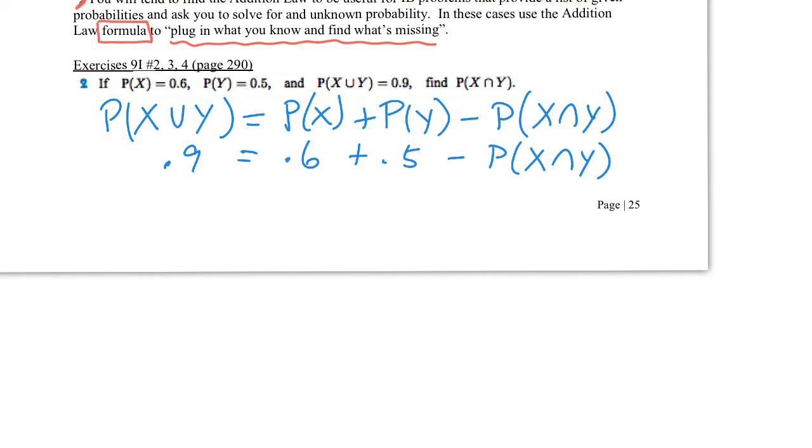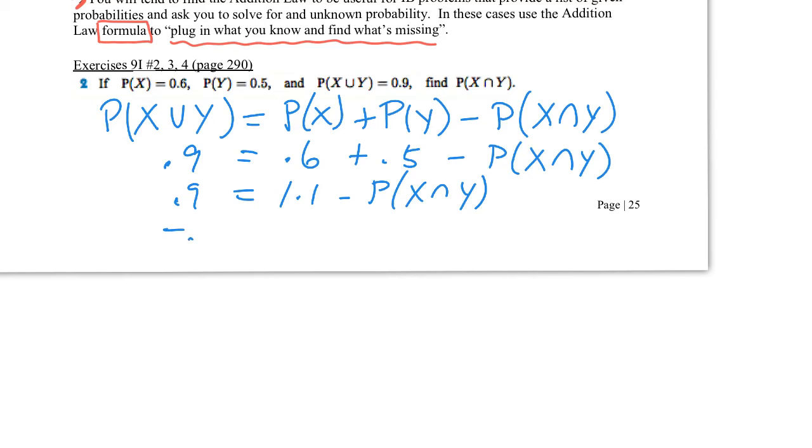I'll get negative 0.1 equals 1.1 minus P of x intersect y, and therefore I get, what am I doing? Sorry, back up. So 0.9 equals 1.1 minus the probability of x intersecting y.